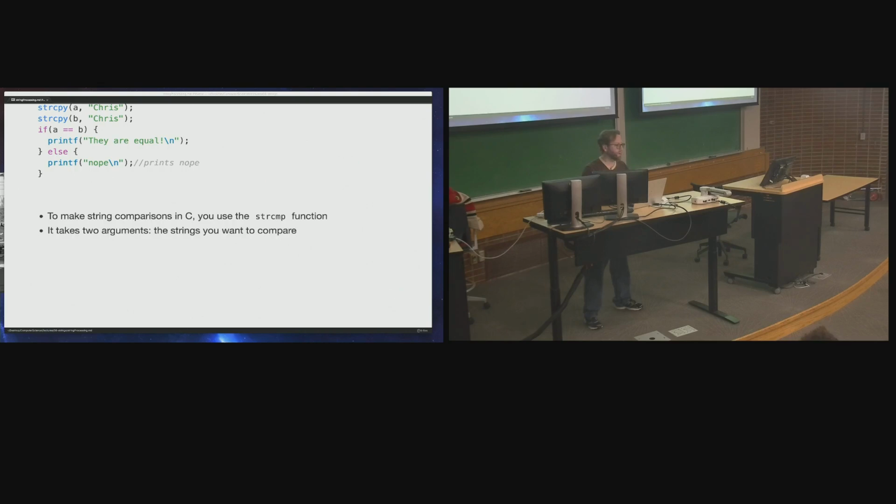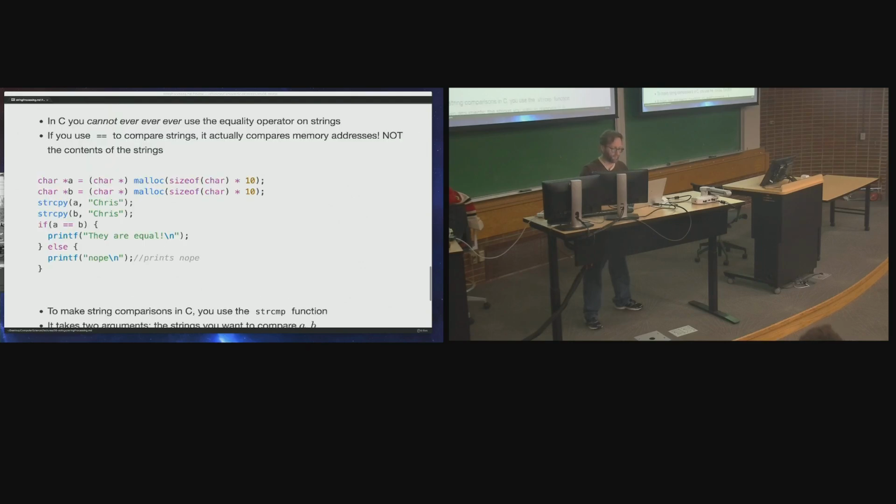And by the way, they're both const, so it's not going to change your strings, because it's just going to compare this string to this string and tell you which one comes first. To communicate the relative order of the two strings, let me give them names, A and B.